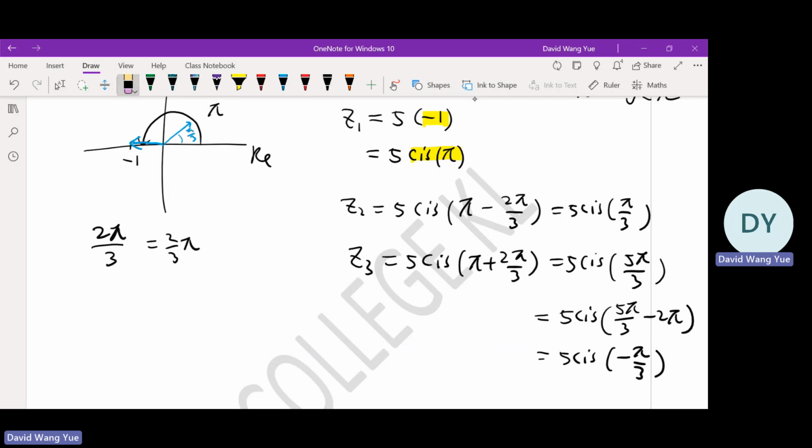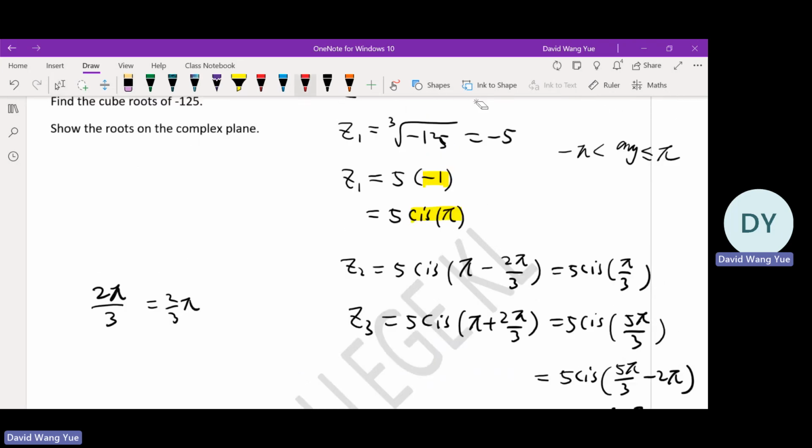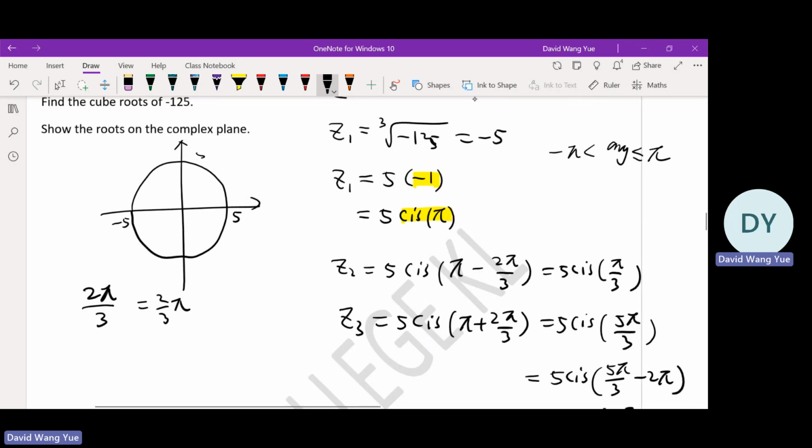But of course, you must double check to make sure they are 3 different roots. So how do we know? Firstly, we know the modulus is 5. Let's say we have a circle of radius 5. The first root, Z1, is 5 times -1.